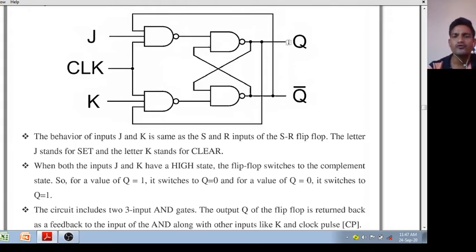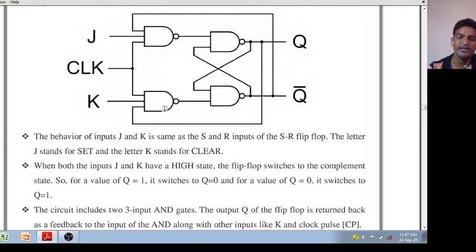Suppose value of Q is 0, so Q bar will be 1. So from here 1 is going here, so this is 1, this is 1, this is 1, 1 1 1 with bubble gives 0. So we will get 0 here.